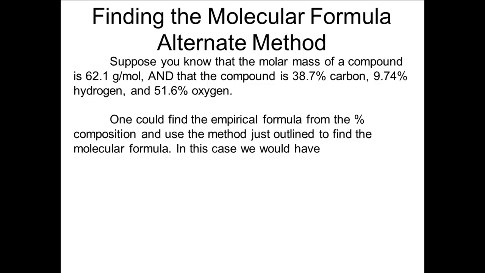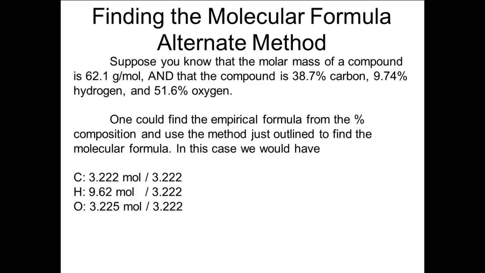Using this method, we would get the following moles for each element: 3.222 moles of carbon, 9.62 moles for hydrogen, and 3.225 moles for oxygen. When we divide by the smallest, 3.222, we get 1 mole of carbon, 2.99 moles of hydrogen, and 1.00 moles of oxygen. These numbers all round to the whole numbers 1 and 3 and 1. So the empirical formula is CH3O.